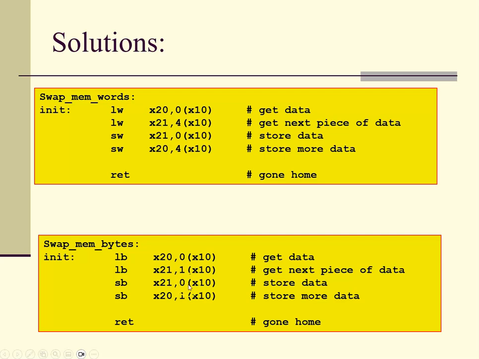Then I take the data that I grabbed at 1 greater than X10, which is in register X21, and I store that at the original address X10 is pointing at. And then I store the other byte. So the loads and the stores are offset by 1 on the second access.